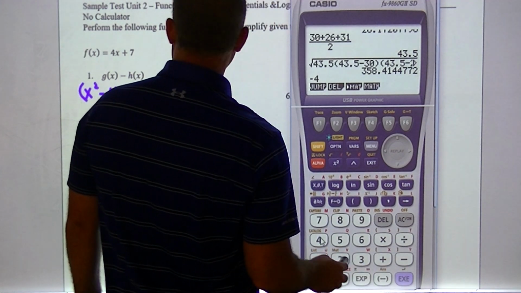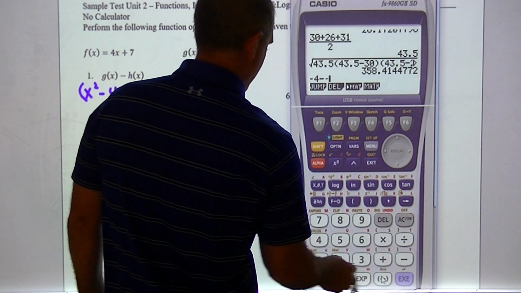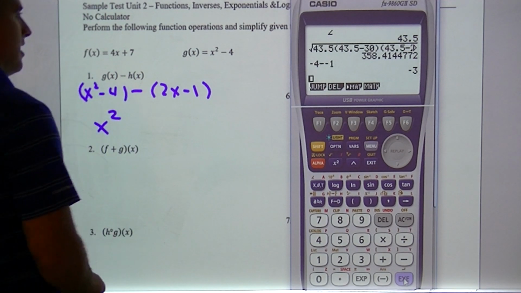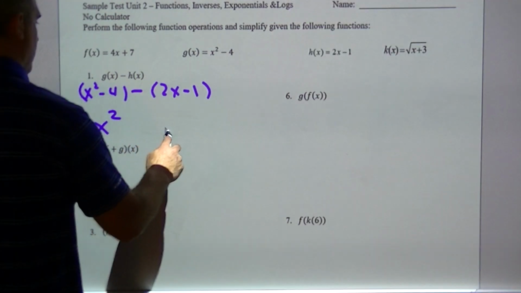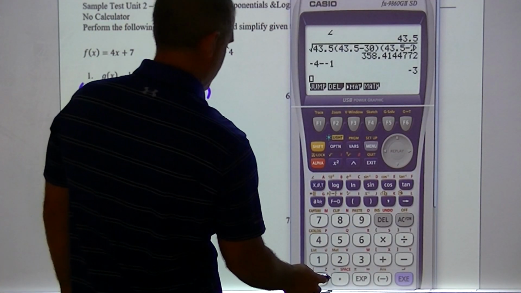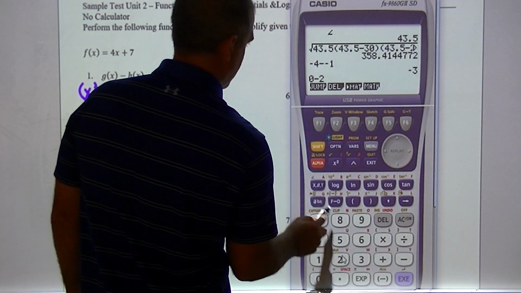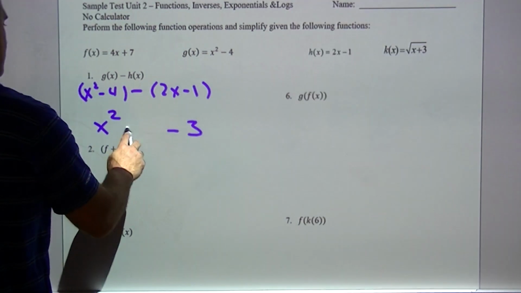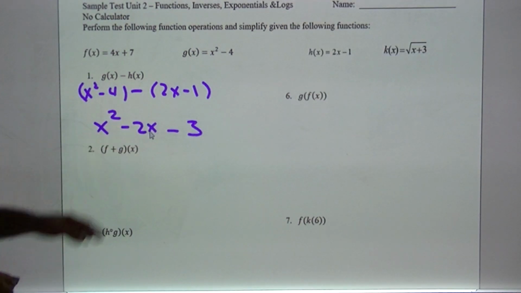Negative 4 minus negative 1 would be negative 3. And then I don't have an x, so I will treat that as a 0. So 0 minus 2x is negative 2x. Should probably write it in order with the x's.